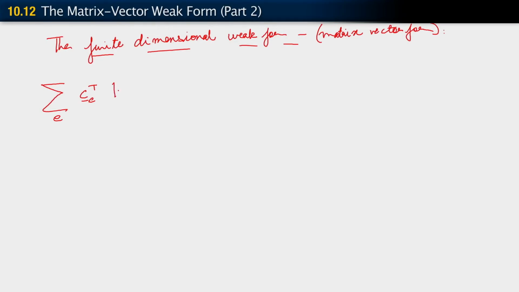But what that means is that we now get a larger matrix K_E, times D_E, equals the sum over E of C_E transpose, and I'm now going to call this F internal for element E. And like I said, we are going to wait a little to get this last term taken care of.